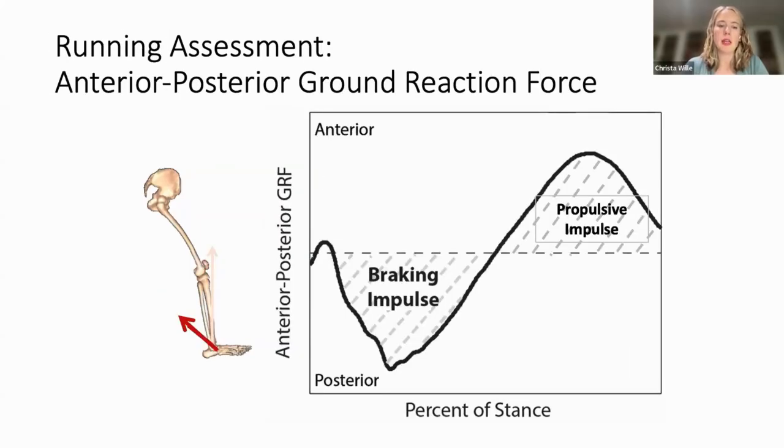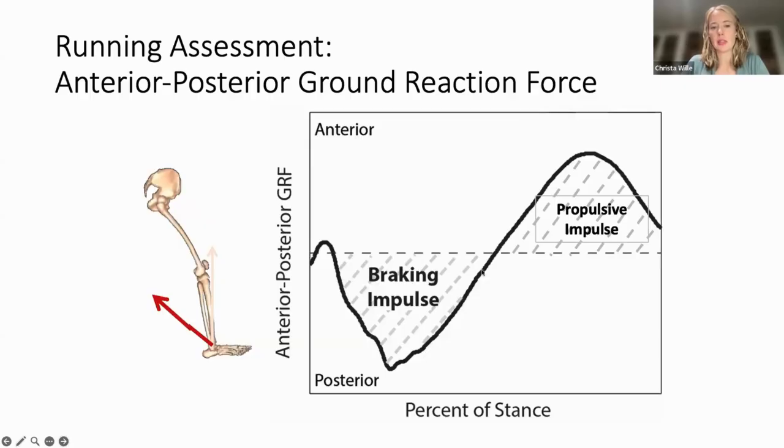And then it's also important to take a look at the anterior-posterior ground reaction force. Commonly in this position with the foot out in front at initial contact, that posteriorly directed force is associated with a braking impulse. That would just be the area under the curve of that posteriorly directed force that occurs during the first half of stance.